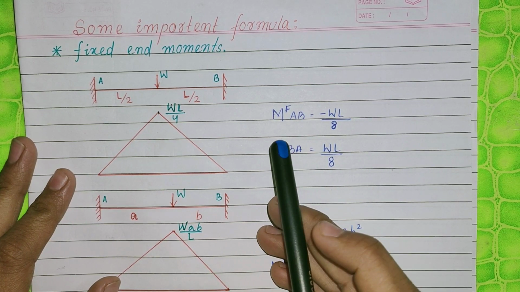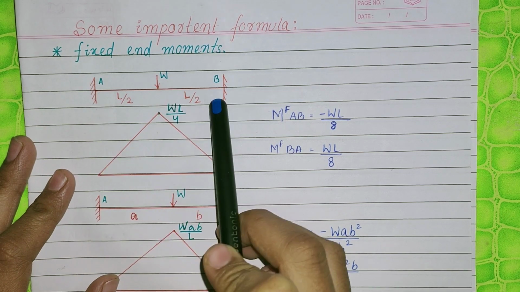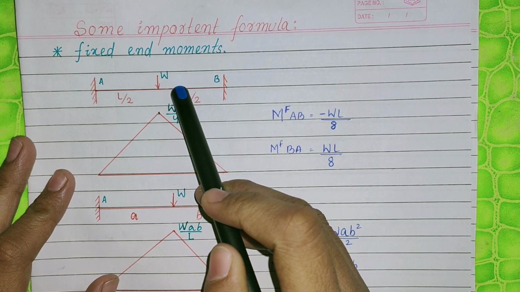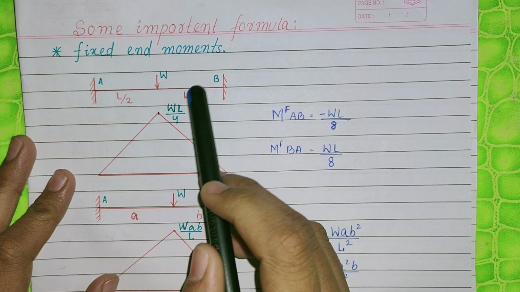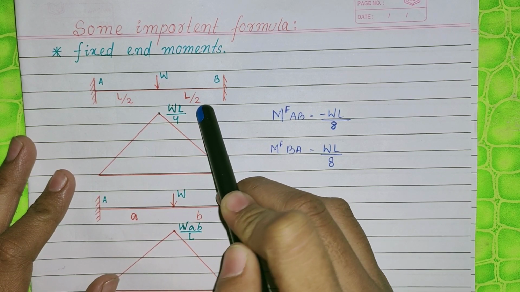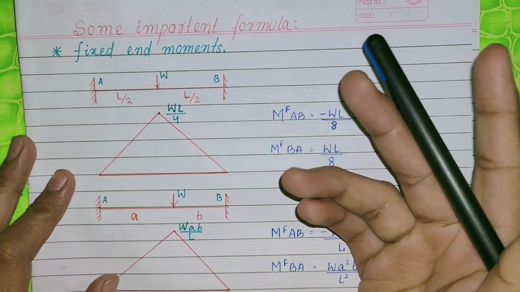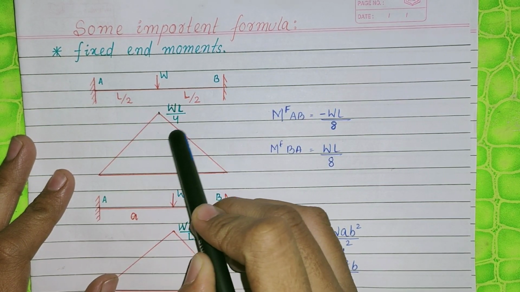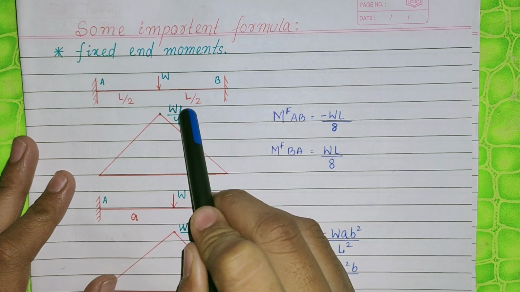If we have a fixed beam as shown in the figure, where A and B are fixed and a point load is acting in the middle of the beam, with L/2 on each side and both ends fixed, then the maximum bending moment is WL/4.